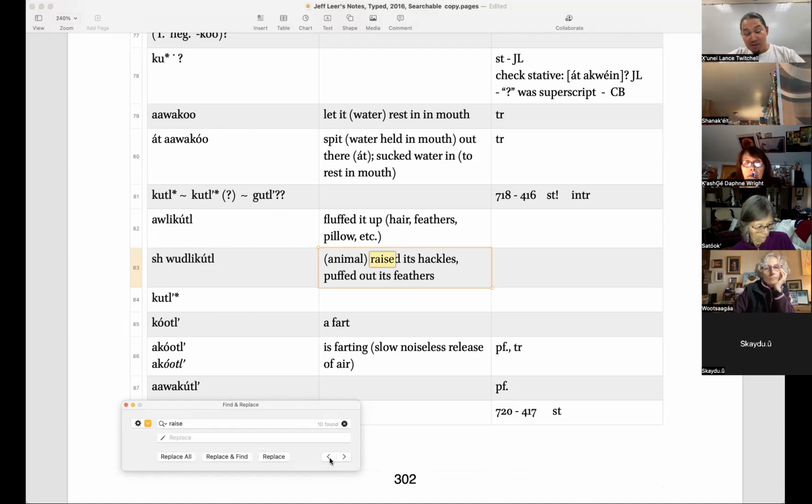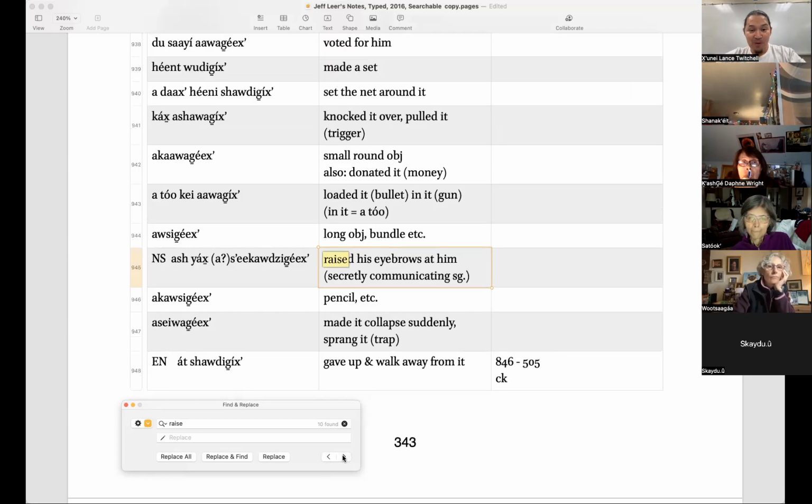I don't know if that would work for 80s big hair bands, or like lots of people puffing their hair way up. That might work. Fluffing up hair, feathers, pillow. Seems like it would work. Oh, that's a good thing to test though. It'll be fun. Raising eyebrows to secretly communicate.